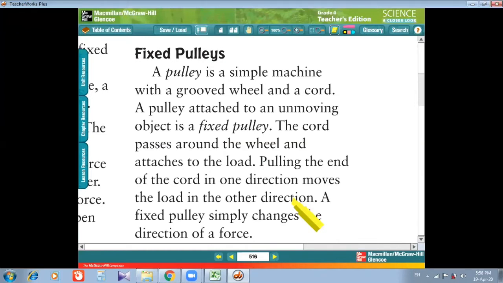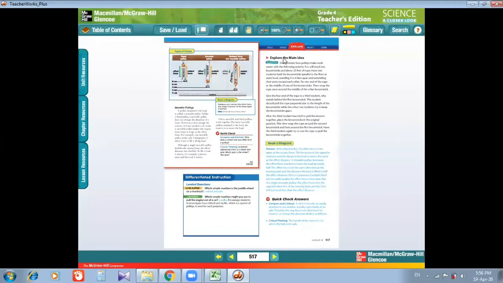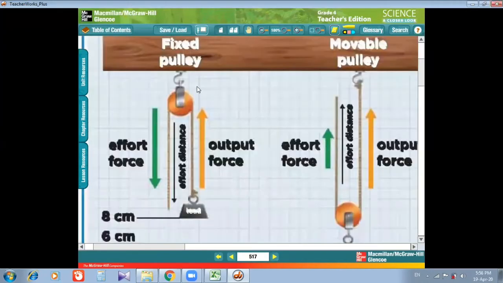In fixed pulleys there are opposite forces. A fixed pulley simply changes the direction of a force. As we see in the picture on the next page, we have the fixed pulley. This is the wheel, this is the rope, it is attached over here to an unmovable object.